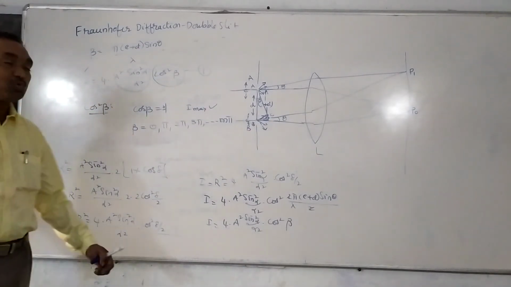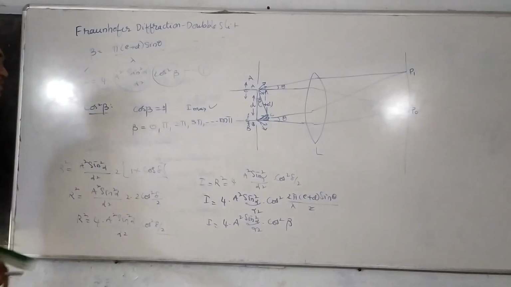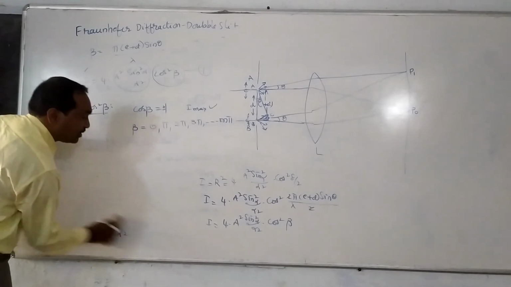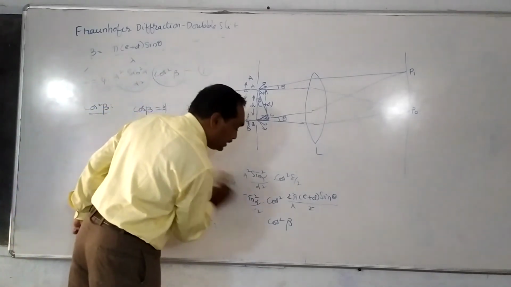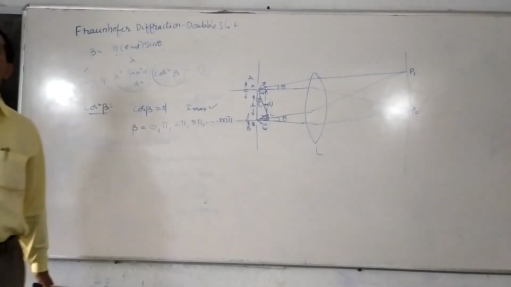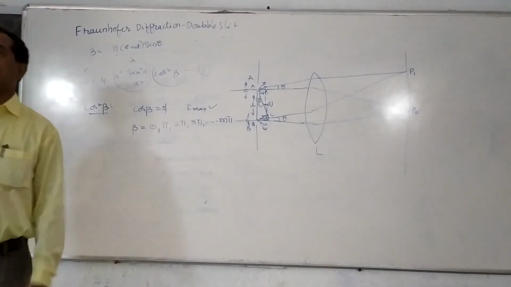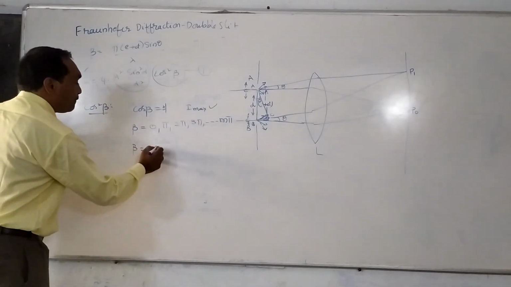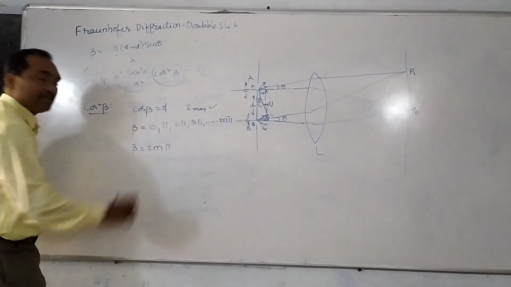If beta is equal to 0, pi, 2 pi, 3 pi, 4 pi, and so on, m pi, the cos beta value is plus or minus 1, which represents that the intensity is maximum. Intensity maximum gives the bright fringe.